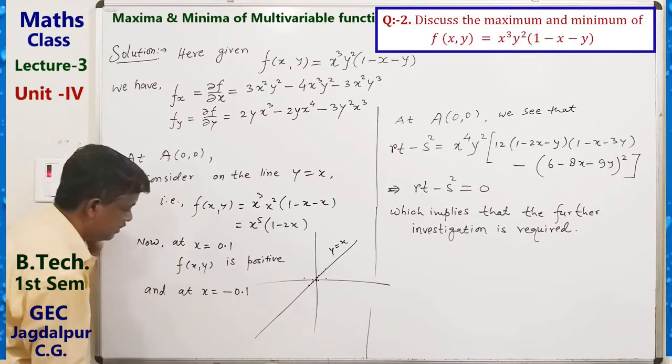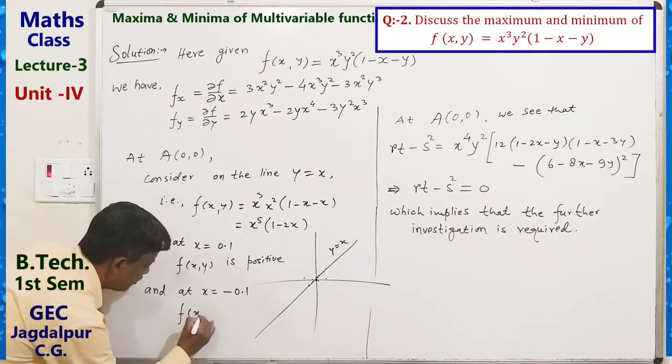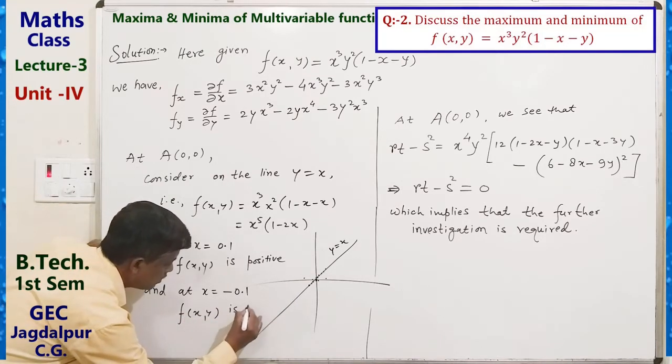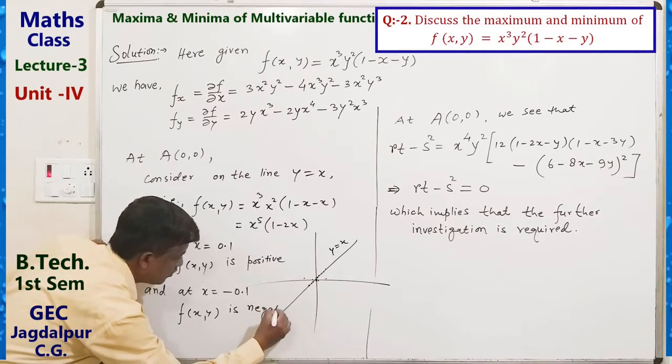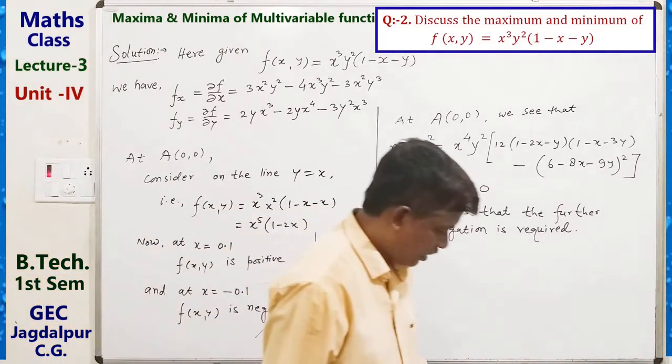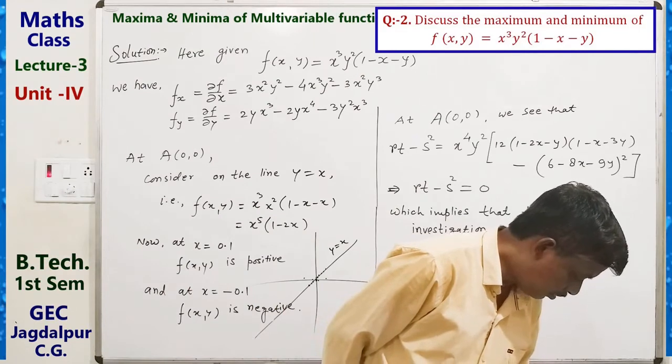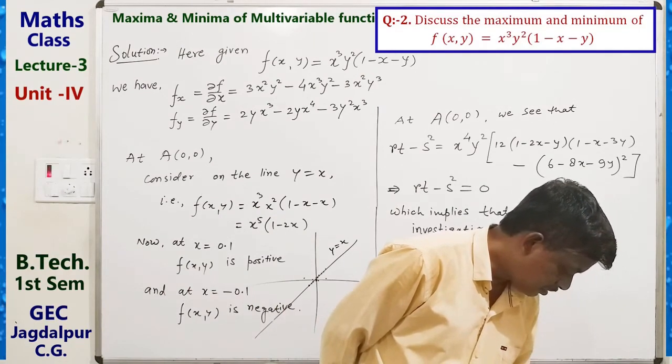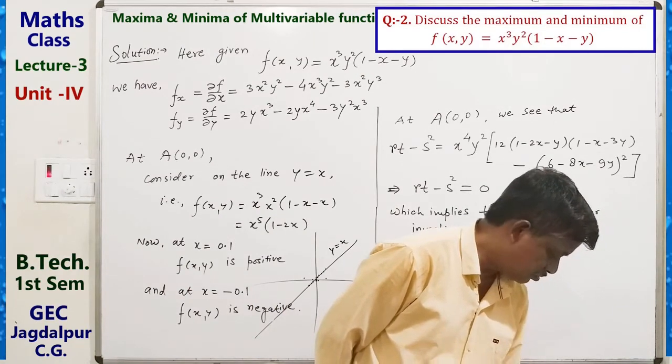Clear? Positive at the point 0.1 and negative for the point minus 0.1.